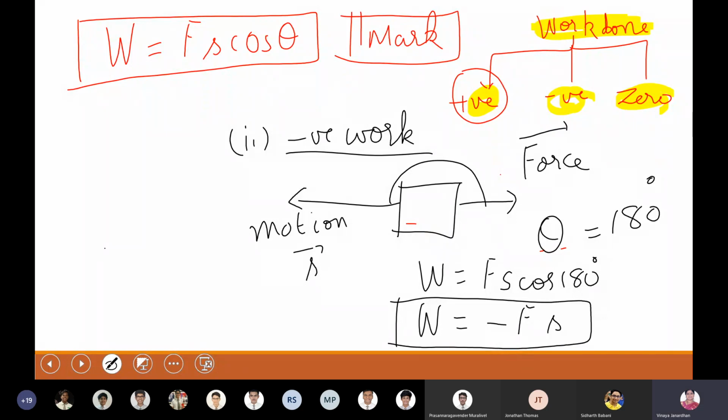I think you have to now classify. There are examples where you have to classify positive, negative, and zero work.